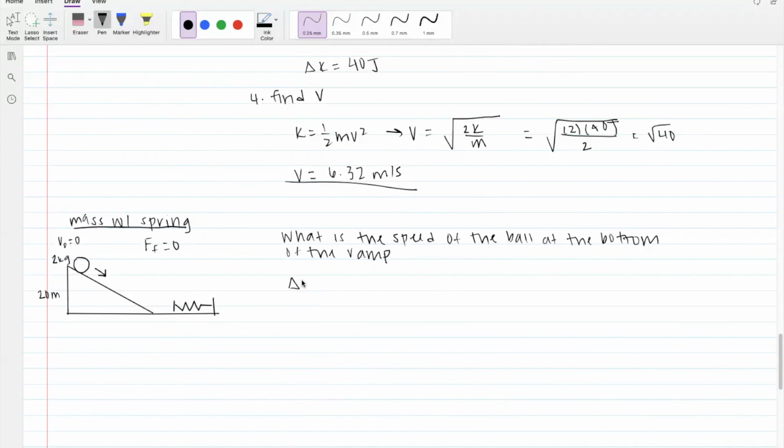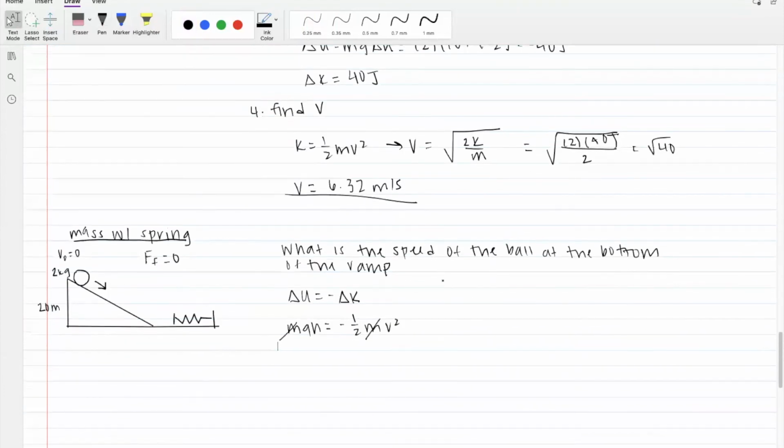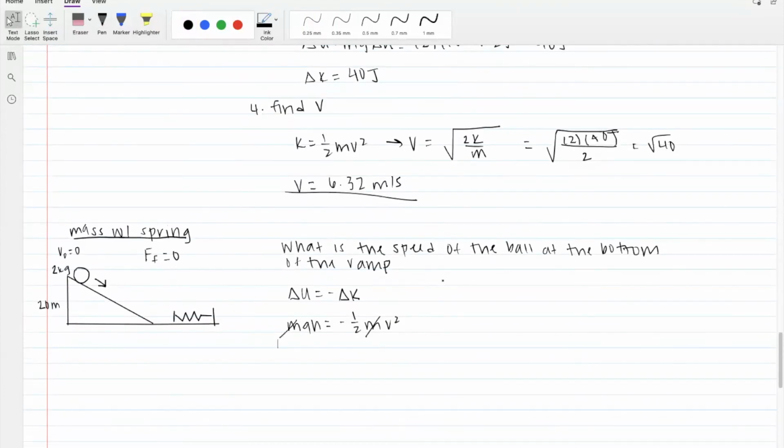So let's just use this equation. Delta U is equal to negative delta K. And I like to write it this way because you can see that mass cancels out always. We could do that in the previous problem as well. However, if the problem doesn't give you mass, you probably don't need it, and it usually gets canceled out when you equate these to one another.